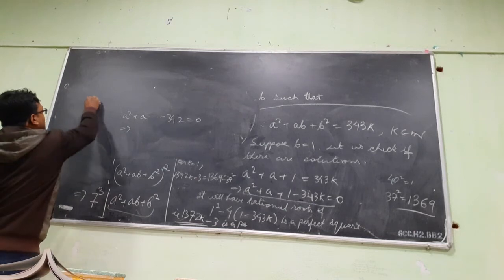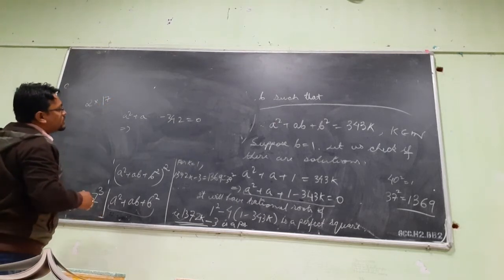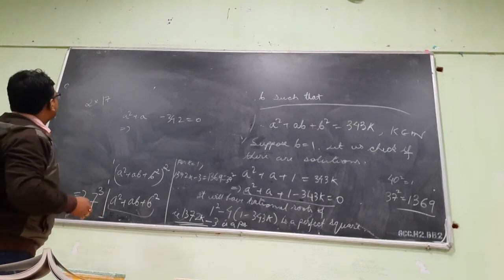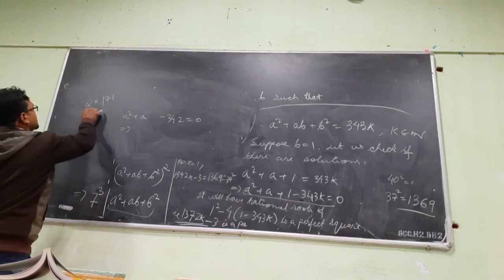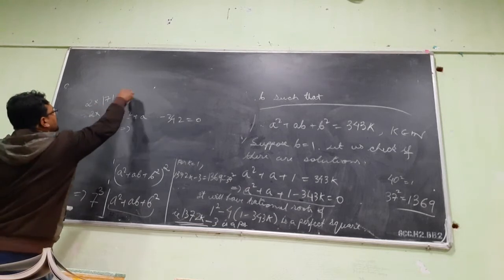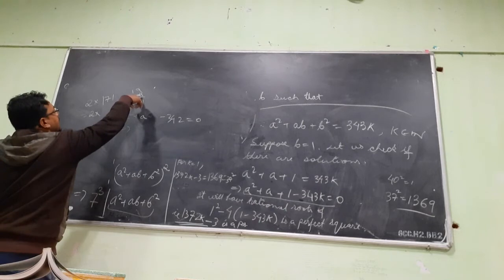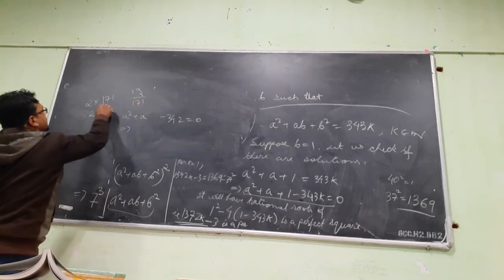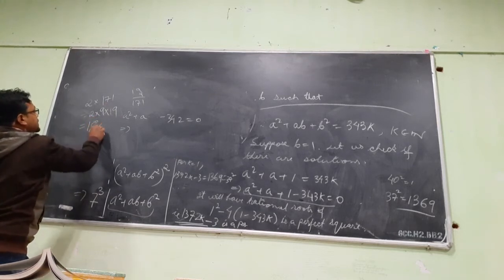So 342 we can factorize as 2 into 171. 171 you can divide by 19 into 9, so yeah, you can write it as 18 into 9.